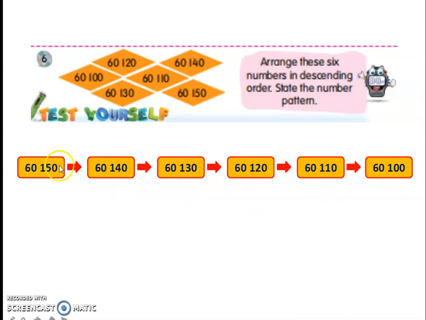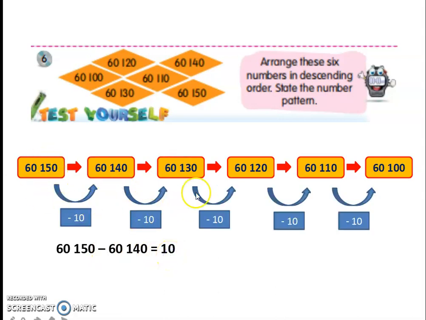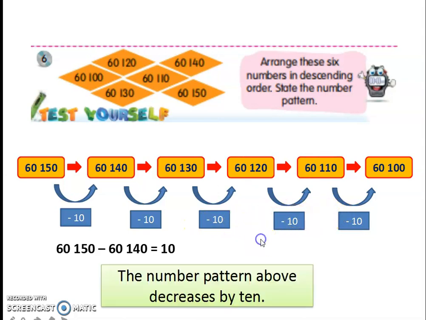We have to find out how much it decreases. We use the bigger number minus the smaller number, and it becomes 10. So this is all decreasing by 10: minus 10, minus 10, minus 10, minus 10, minus 10. So the number pattern above decreases by tens.